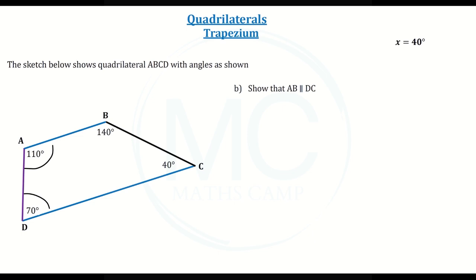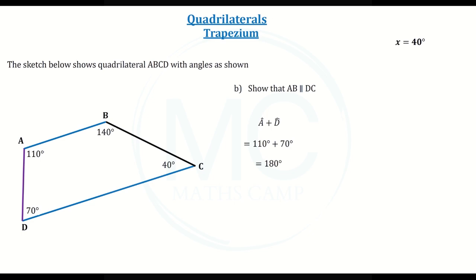If two angles are supplementary, they add up to 180 degrees. So we can say angle A plus angle D is equal to 110 degrees plus 70 degrees, which is 180 degrees.